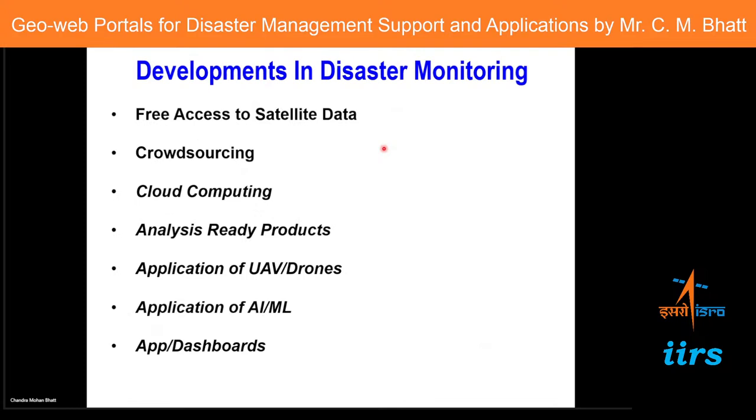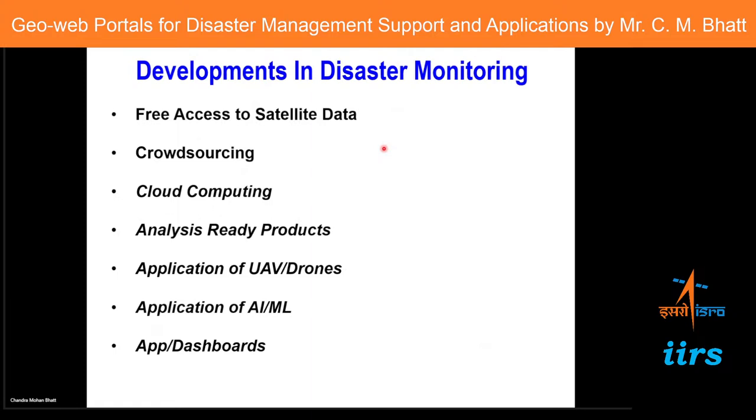Now there are some developments also happening in the field of disaster monitoring. Because of the Sendai Framework, free access to satellite data is what the global community is trying to promote, so you are seeing most of the data is now becoming free. Then crowdsourcing: when the disaster scale is very wide, it is not possible for one person to collect data.